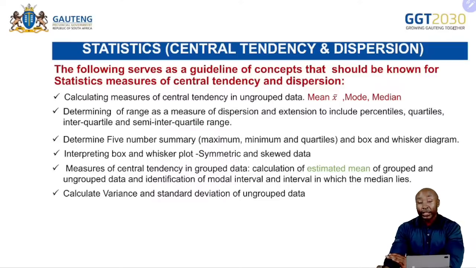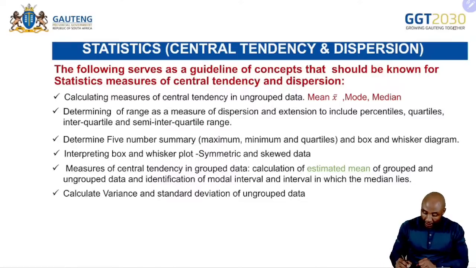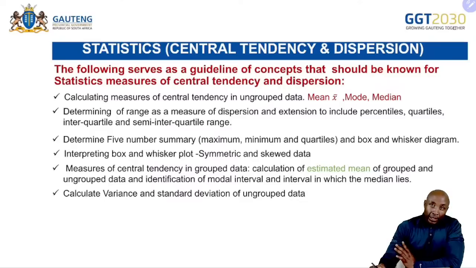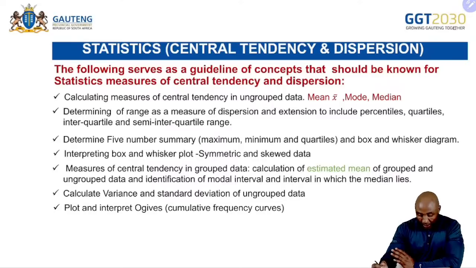We should know the relationship between variance and standard deviation. We know that standard deviation is the square root of the variance, and if we square standard deviation, we get variance. We must know that relationship, and we should be able to plot and interpret our ogives, which is our cumulative frequency graphs.